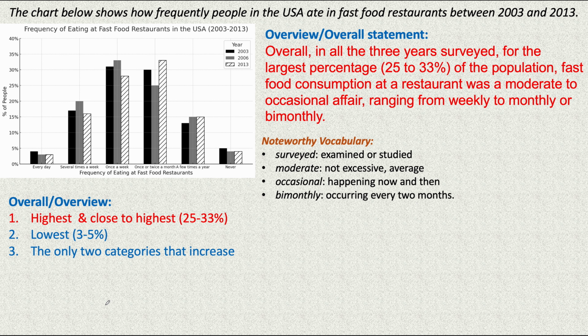Overall, in all the 3 years surveyed, for the largest percentage, 25 to 33% of the population, fast food consumption at a restaurant was a moderate to occasional affair ranging from weekly to monthly or bi-monthly.